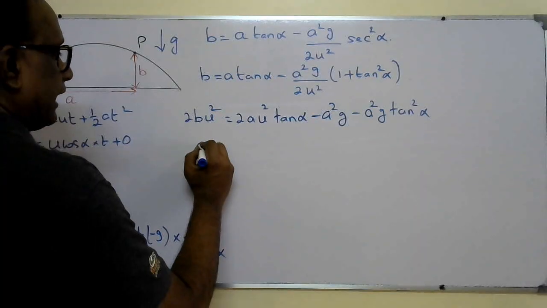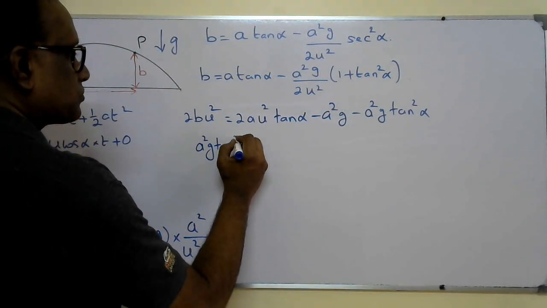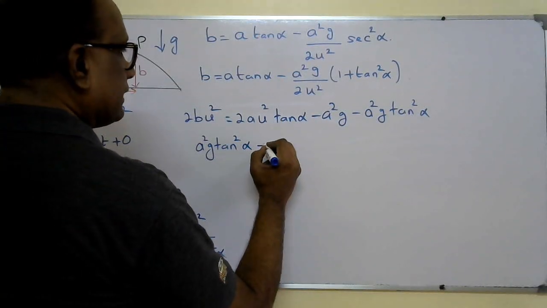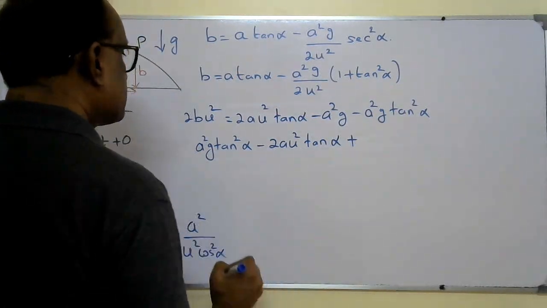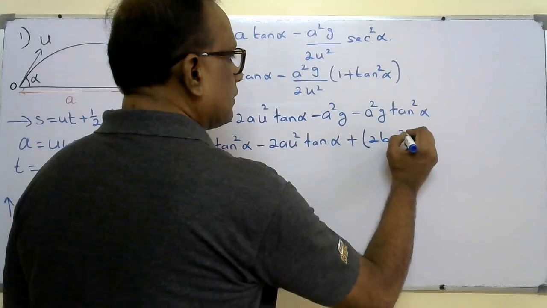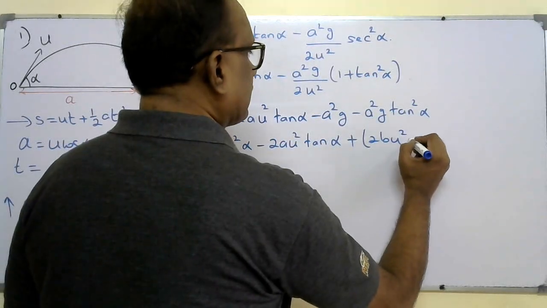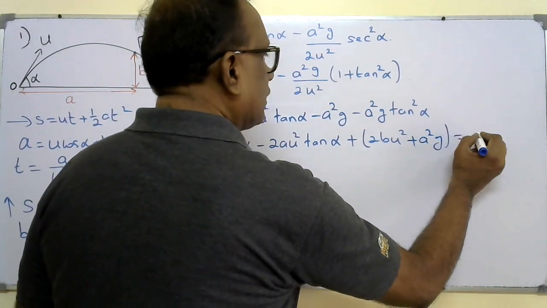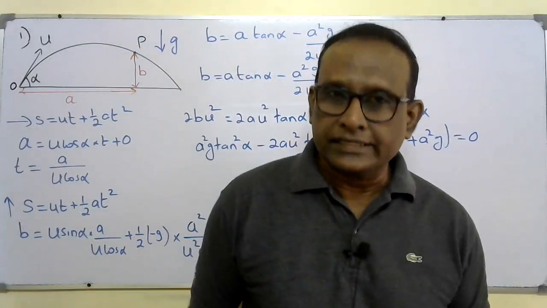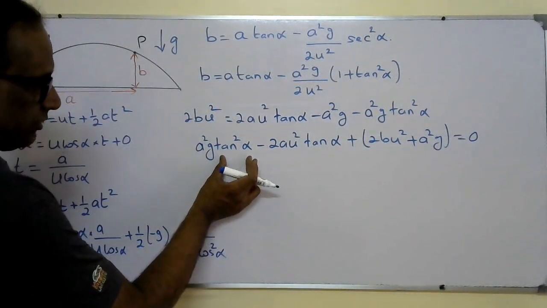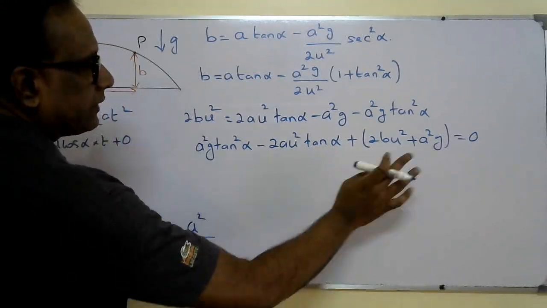So it's going to be a squared g tan squared alpha, bringing it to the left, minus 2a u squared tan alpha plus 2bu squared plus a squared g equal to 0. Carefully we have to solve it without making any mistake. It's a quadratic equation in tan alpha.